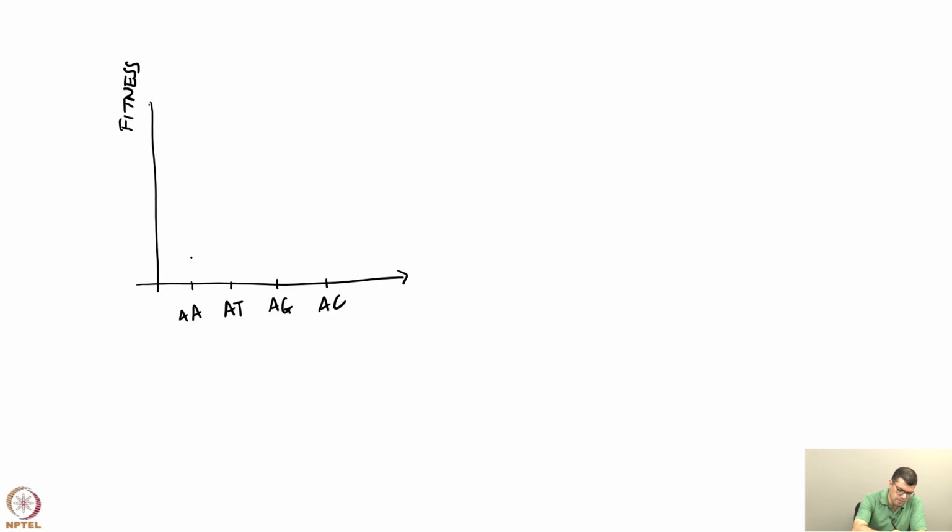Now, imagine that this node was this particular fitness, AT was slightly higher, AG was significantly higher, and AC was really bad, really low fitness, or a really bad genotype.